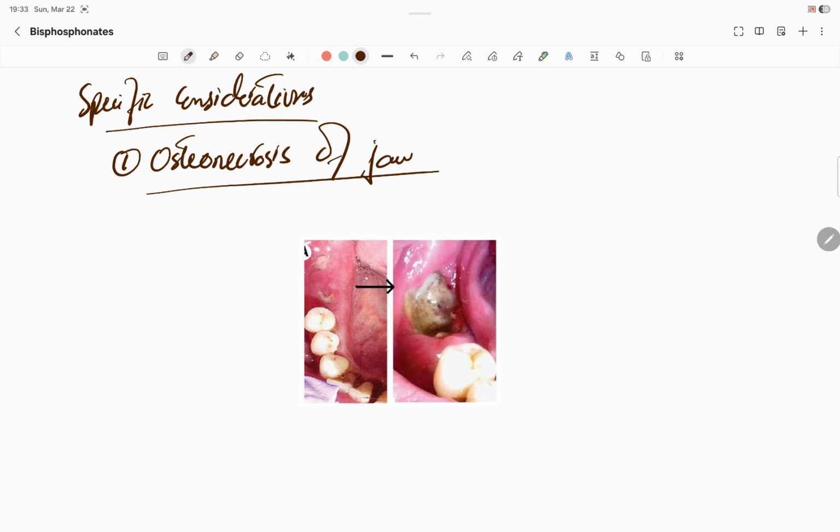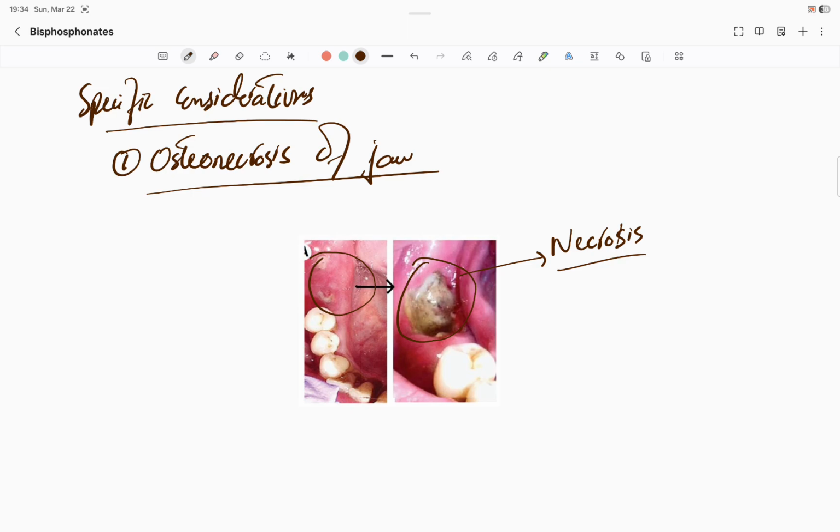lower jaw. So in this picture you can see this area, that is the part of lower jaw, and it's almost all right. But after starting treatment with bisphosphonates, this place has gone through necrosis, and this site is damaged. This site looks resorptive, dissolved. Why? Just because of the effect of bisphosphonates.